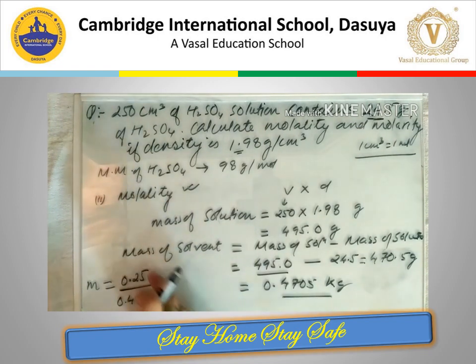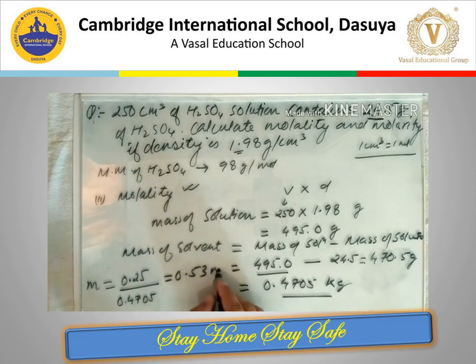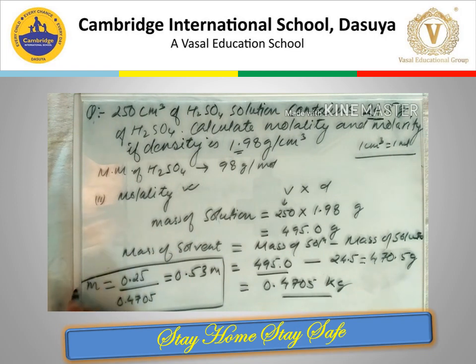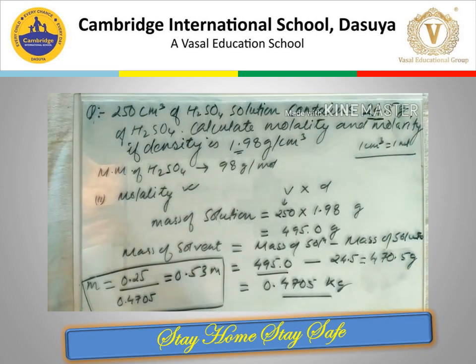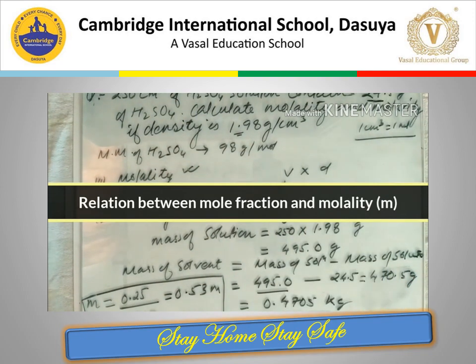This is in kg, number of moles per kg of solvent. This works out to 0.53 molal. So we have found out the molarity as well as molality in this numerical.